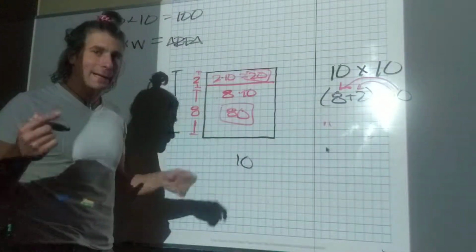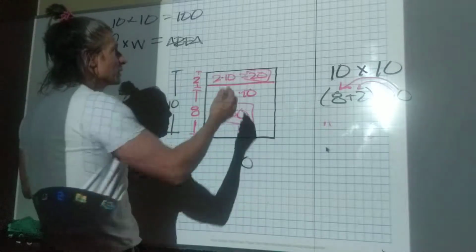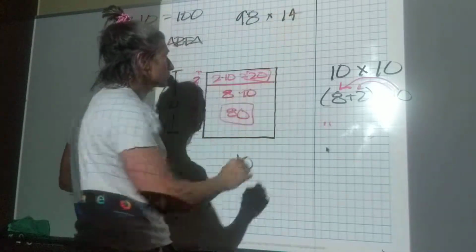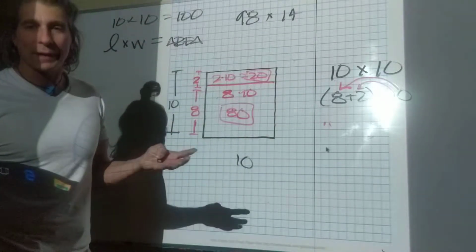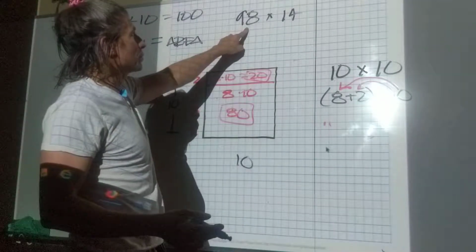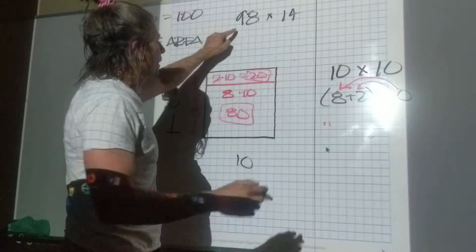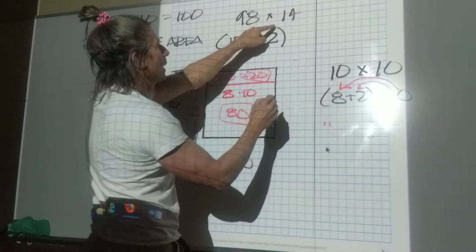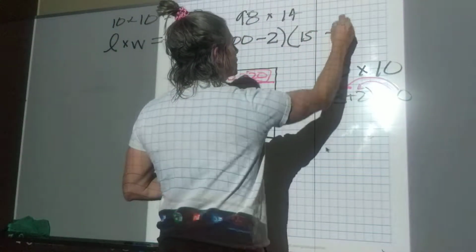If you need to get a mental idea of multiplication, you could do something like 98 times 14. Okay, now you can do that with a calculator for sure, but you can also do 98 times 14 and say, okay, well, 98 is 100 minus 2, and 14 is 15 minus 1.